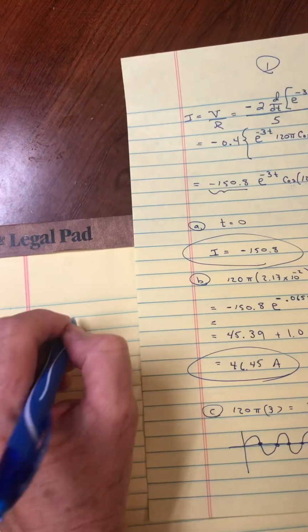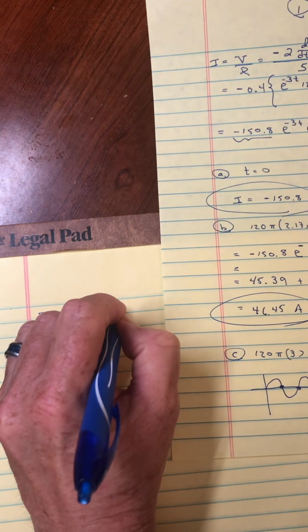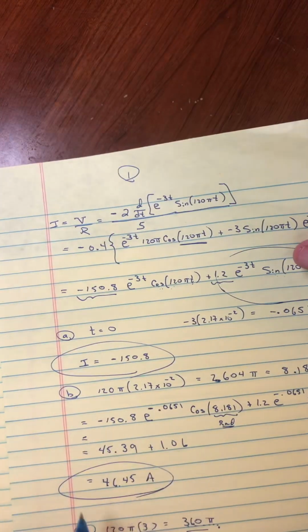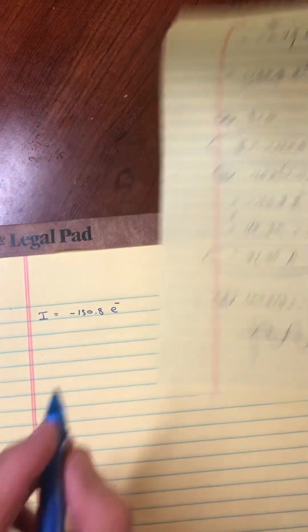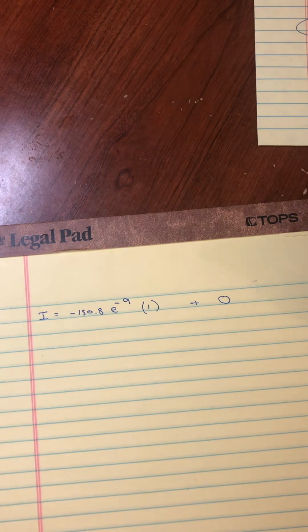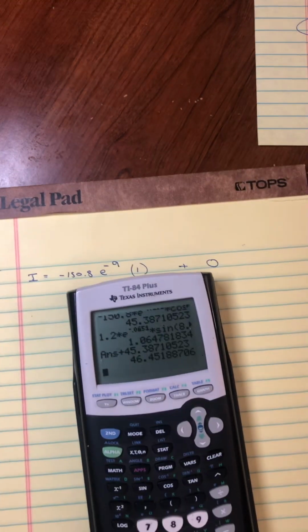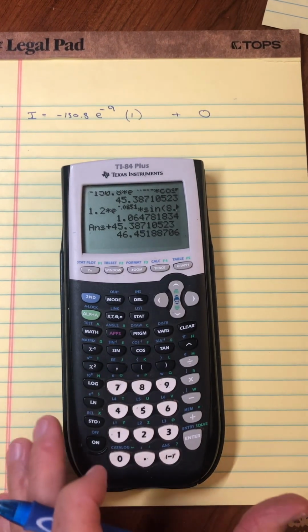And that means I can just put here negative 150.8 times e to the minus, and then putting in my 3 seconds here for the time would be a -9, and my cosine would be just a 1. It might be kind of nice just to try that.